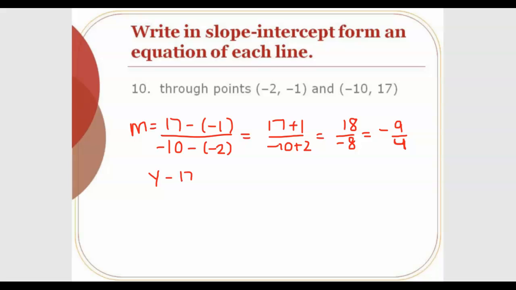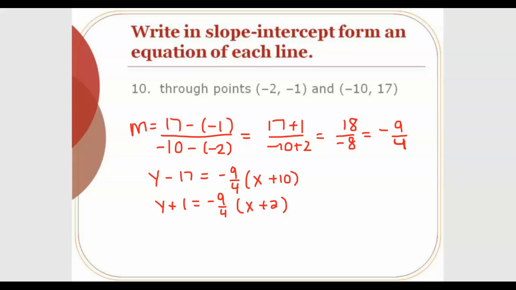So you could do y minus 17 equals negative 9/4 (x plus 10), or y minus negative 1 equals negative 9/4 (x plus 2), and then simplify.